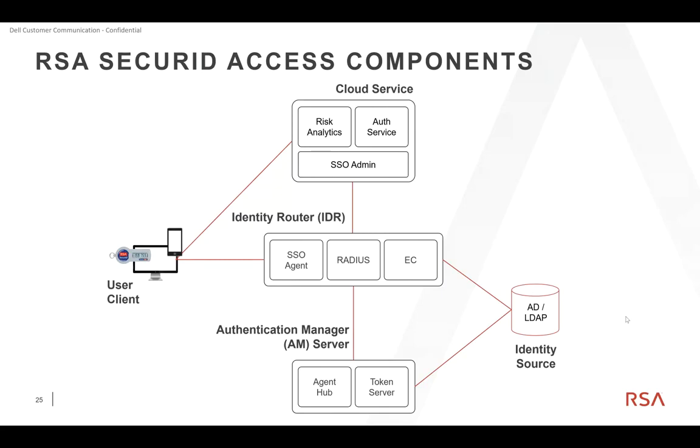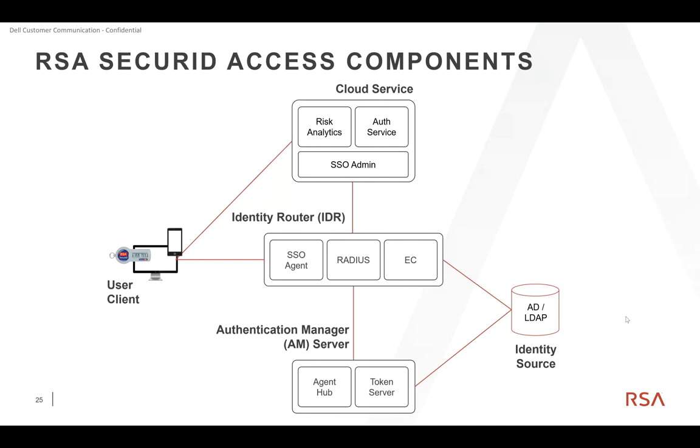If you are looking for more features and capabilities, like single sign-on and the risk engine, it would be the Identity Router. Identity Router is another component that, like a proxy, comes with two interfaces, external and internal.